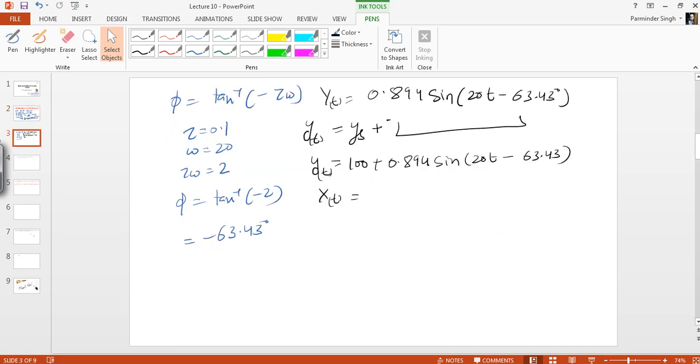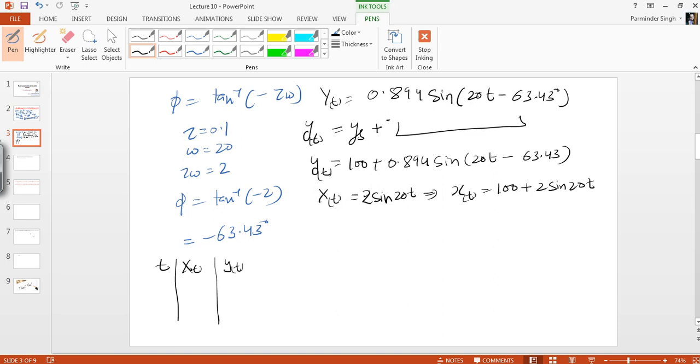So small x(t) will be nothing but 100 plus 2 sine 20t. With different values of t, we will have different values of x(t) and different values of y(t). So we can put different values of t and get different values of x(t) and y(t). Now let's plot.